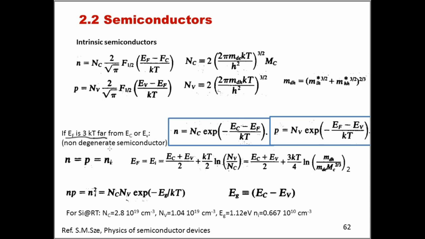Remember that we can move the Fermi level by doping the material. So the more we dope the material, the closer the Fermi level will move either toward the conduction band or toward the valence band. So by stating this condition of non-degenerate semiconductor, we are in other words saying that the material is doped but not too highly doped.